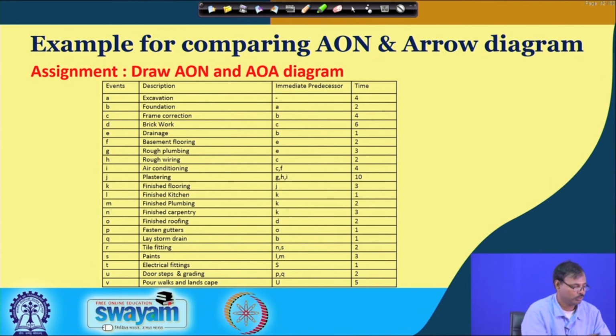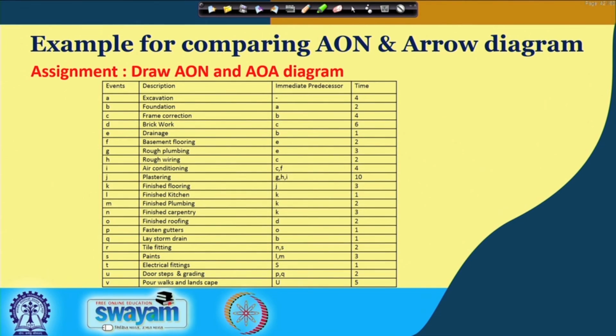I can show you one glance of this one, but do not study it, just one glance. Okay. I want you to complete the activity on arrow diagram and the activity on node diagram of this one, and if you are able to complete this on your own, then you can consider yourself to be acquiring sufficient knowledge for the construction of the network.